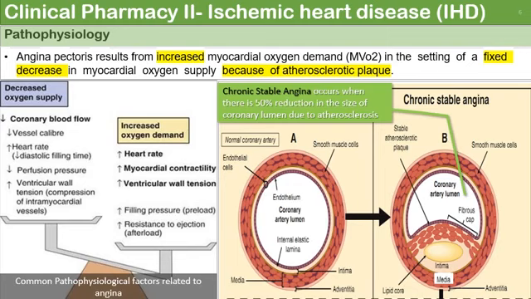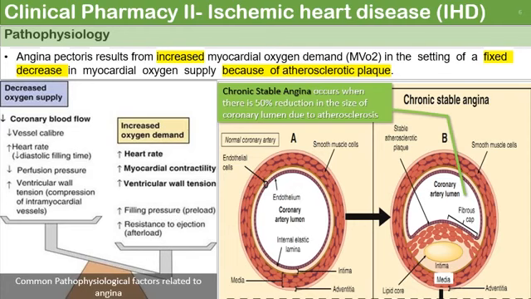Generally, in the next graph, in the chronic stable angina, the cause behind this imbalance is due to what? To the narrowing in the lumen of the main coronary artery. This narrowing of the main coronary artery is due to what? To the formation of what?